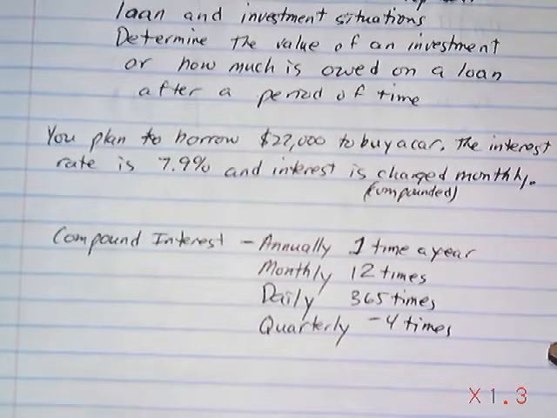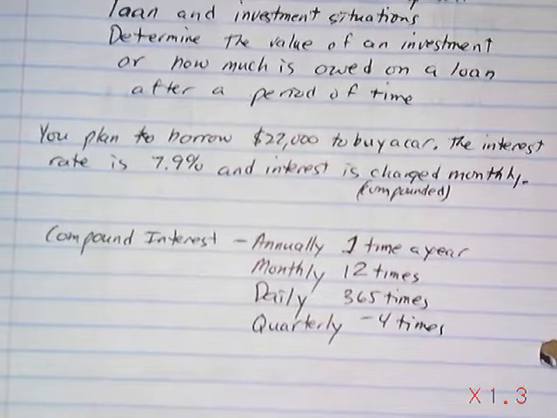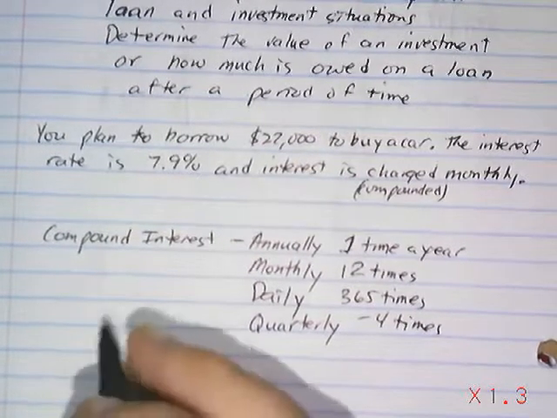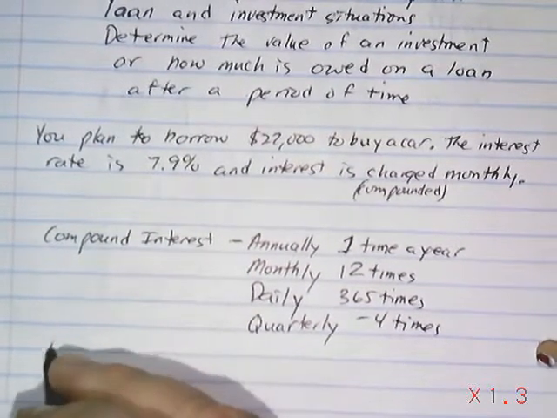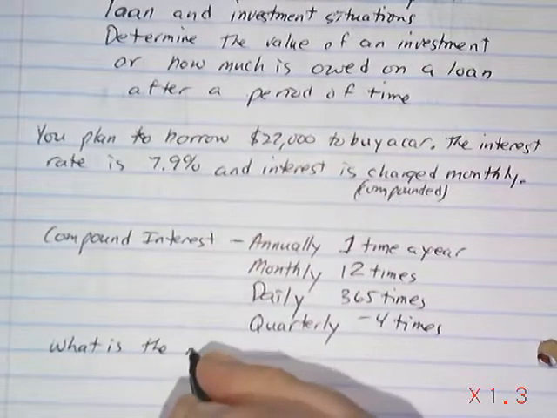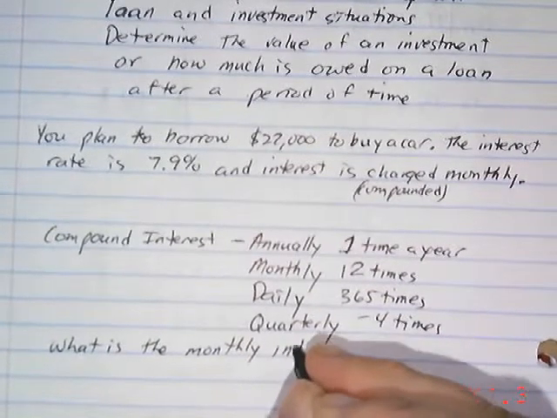Okay. So then the next logical question is, how much interest are we going to have to pay? So how much will we owe in interest at the end of 1 month?